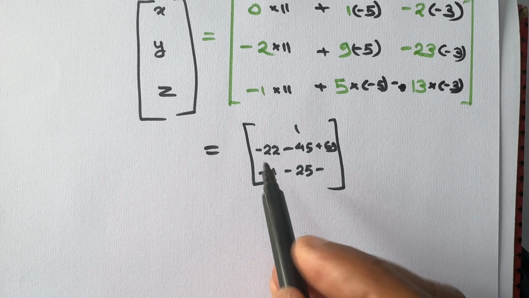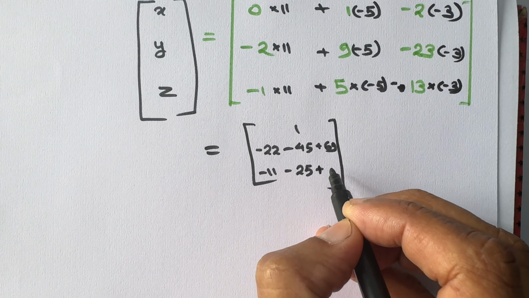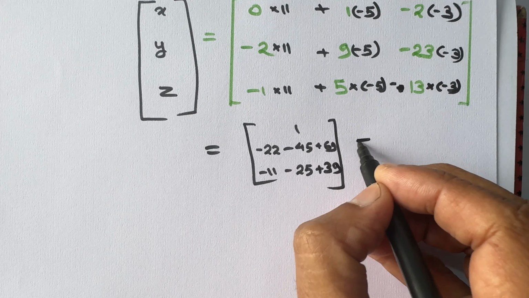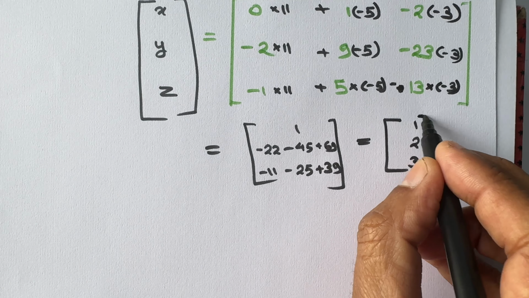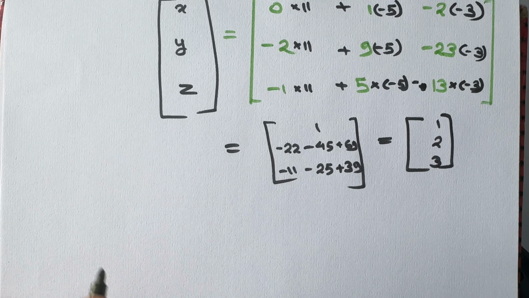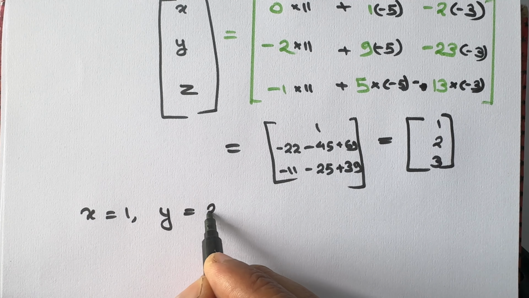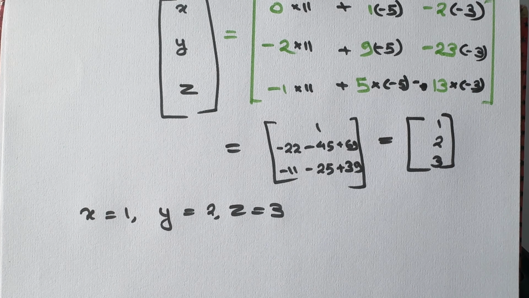Minus 11 minus 25 plus 39, which turns out to be 1, 2, 3. And so x must be equal to 1, y must be equal to 2, and z must be equal to 3. And we did solve for x, y, z.